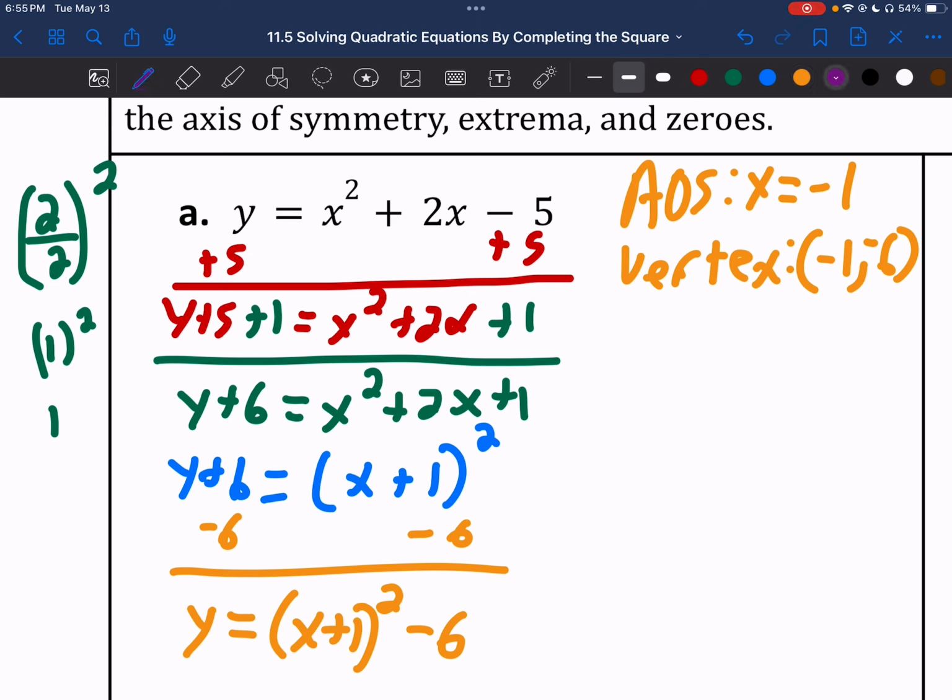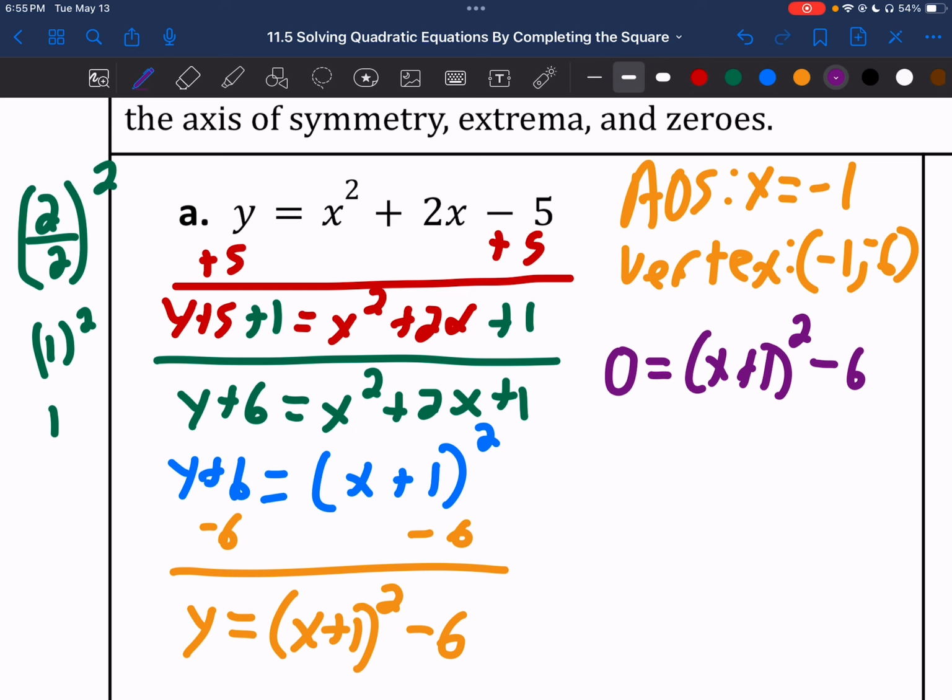What are my zeros? What can I do to find my zeros? Well, I can substitute 0 for y, because that's what a zero is, and we want to know x plus 1, the quantity squared, minus 6.